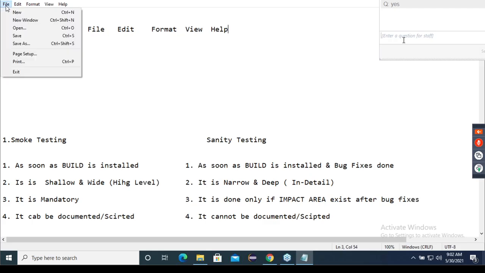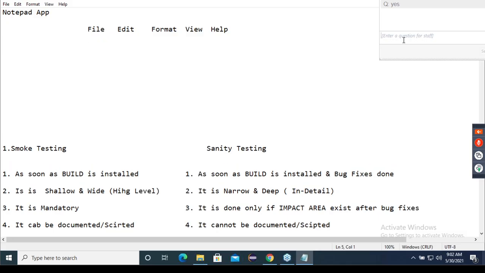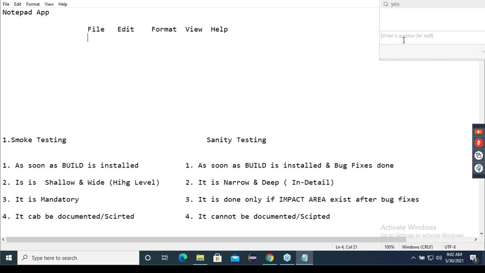Next, under file you observe, guys, again you have new, open, save as. Again under file you have new, and let's assume under new you have open.